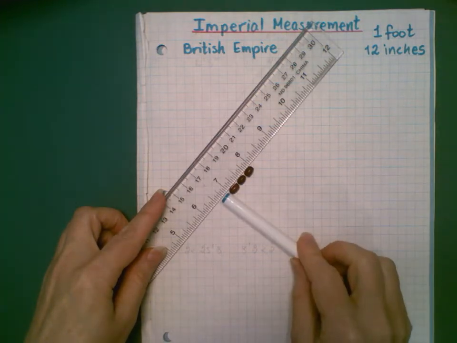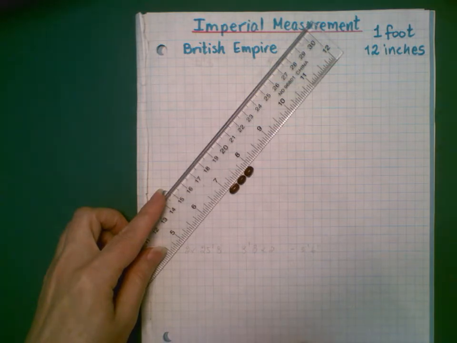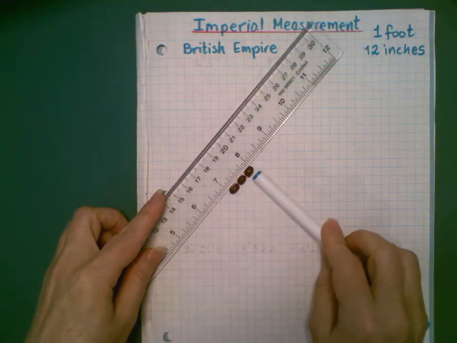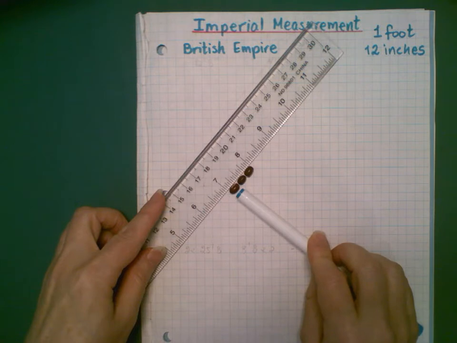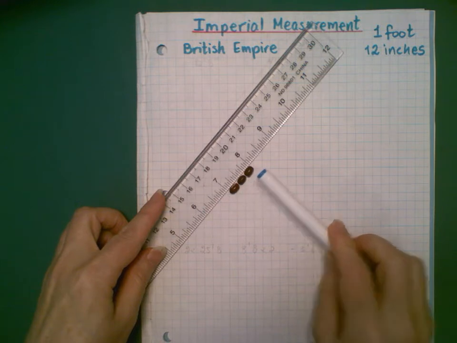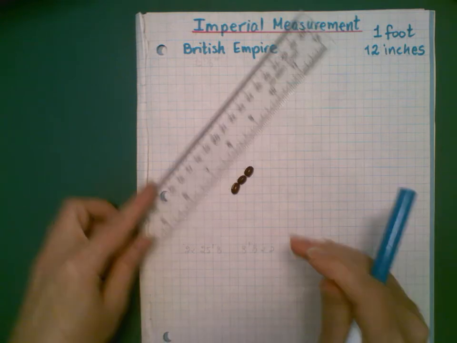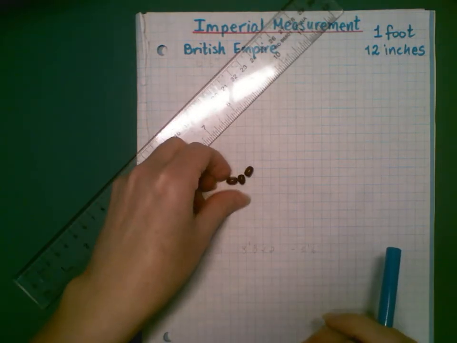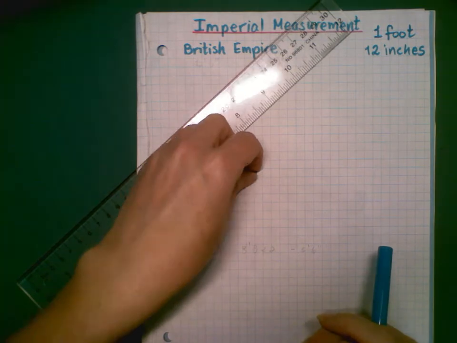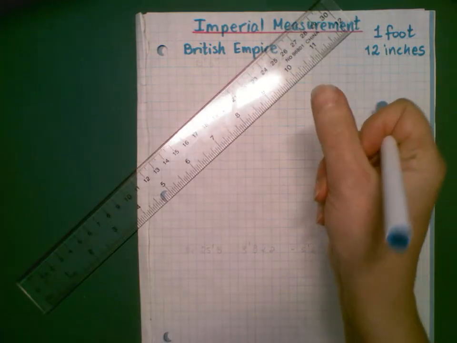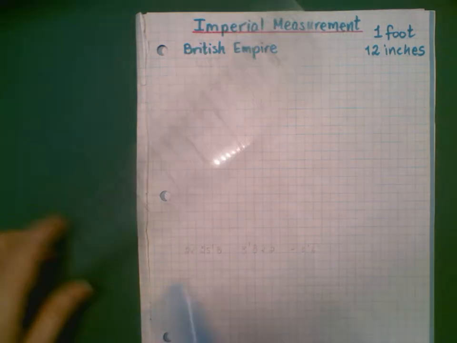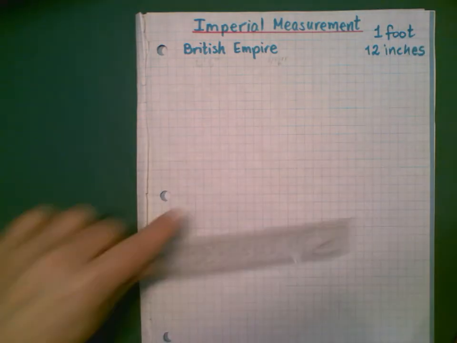And these are actually little red beans, but they're about the same size. So you can see that when I put those 3 in a row, the distance of those 3 little beans is an inch. It's going from the 7 to the 8. And that was a more consistent measure. The size of those objects doesn't vary as much as the size of a thumb. Okay, that was just a little fun history lesson there.